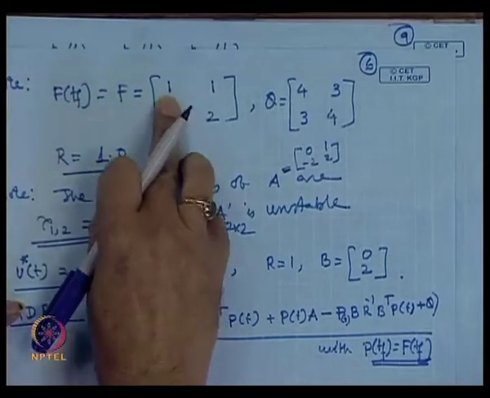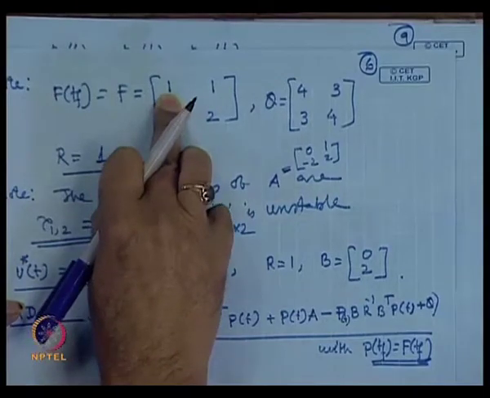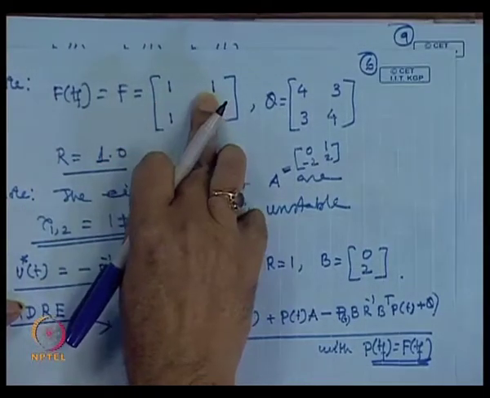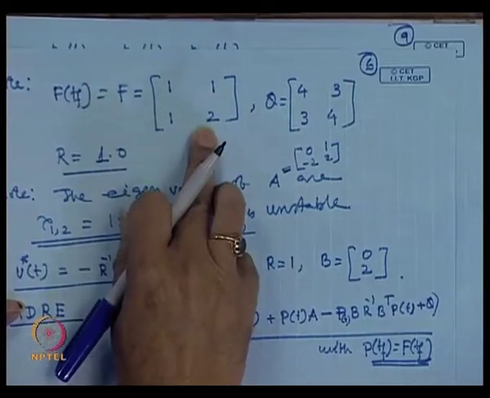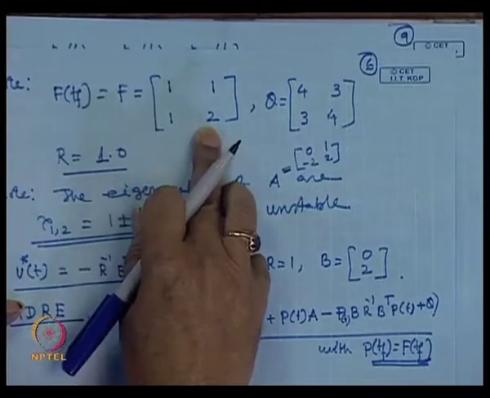So P 1 T f is equal to 1 and P 2 T f is equal to 2.